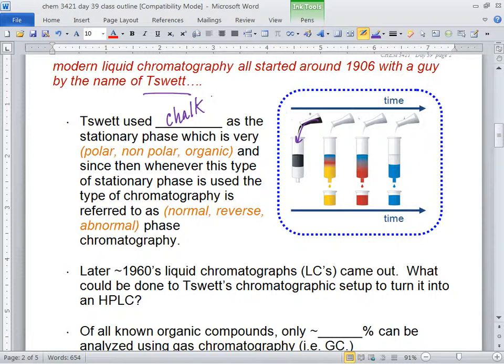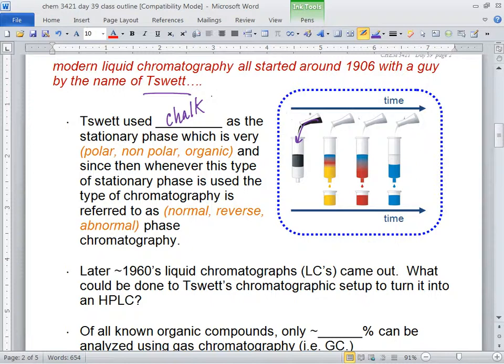Now, ground up chalk, what is ground up chalk? What is chalk? Monica, what's chalk? Calcium carbonate. Okay. So how would you classify calcium carbonate, Danielle, on the polarity scale?